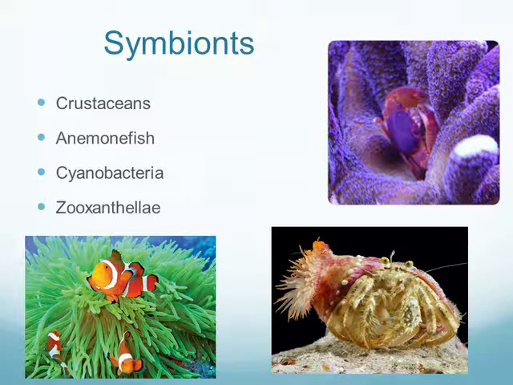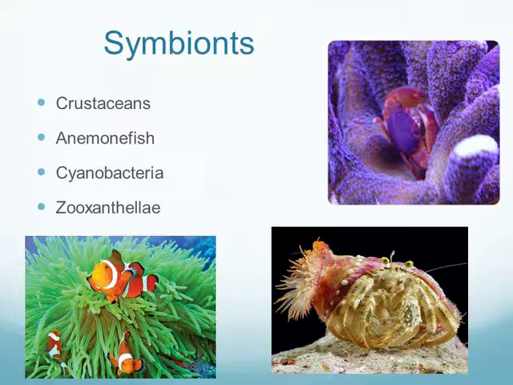Then you can have cyanobacteria that live within the coral, and then you can have zooxanthellae. So the image on the bottom right-hand corner there, that's an image of a hermit crab that has a symbiotic relationship with an anemone. That one's pretty interesting. That particular hermit crab can have as many as like 3 or 4 anemones on its shell.